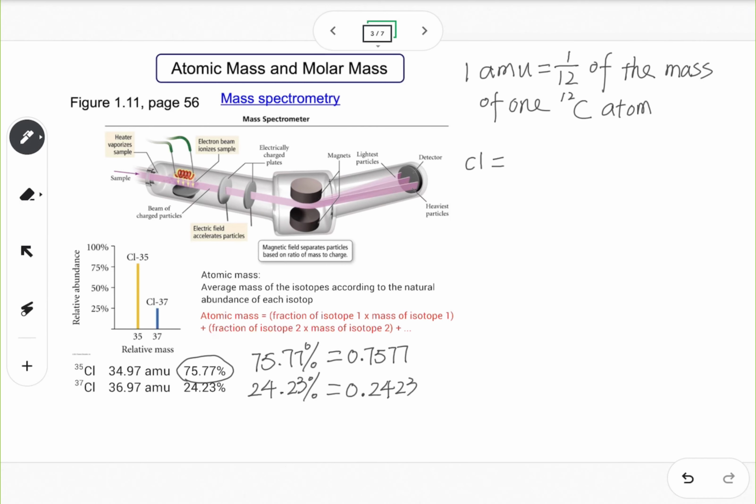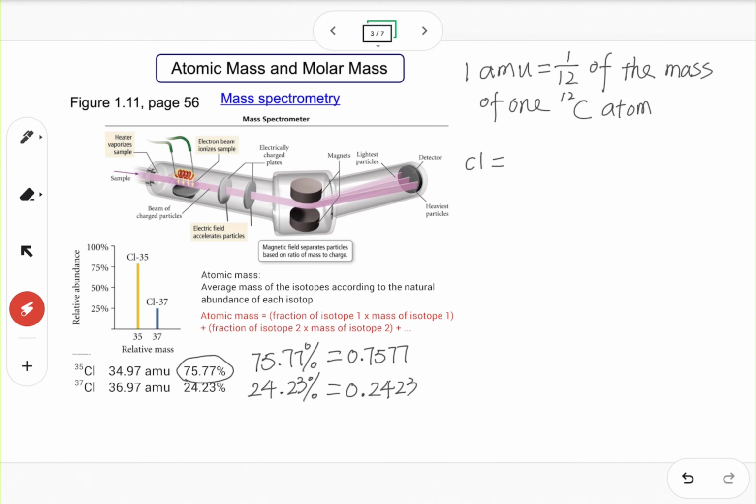We need to keep this in mind because a very common mistake in this calculation is to just use the 75.77, the percentage, as the fraction of the isotope. That's not true. We should use the actual value of the percentage to do the calculation.